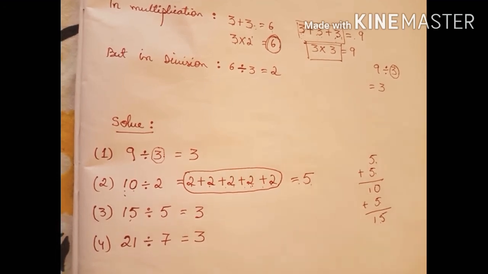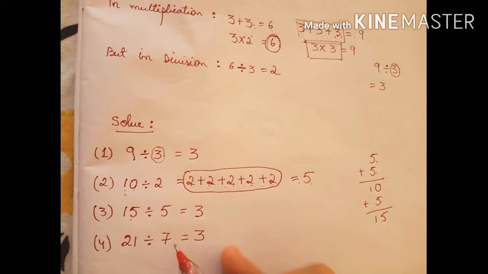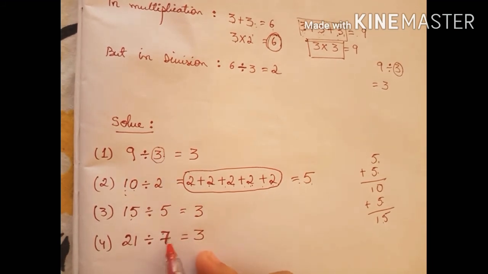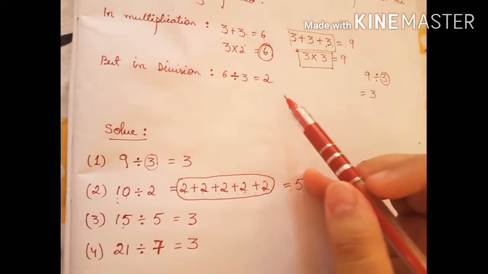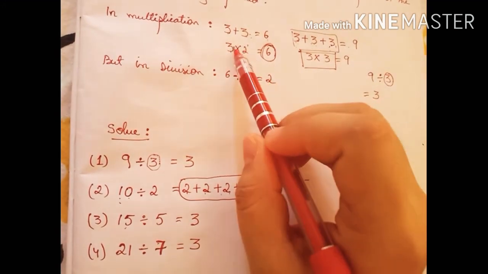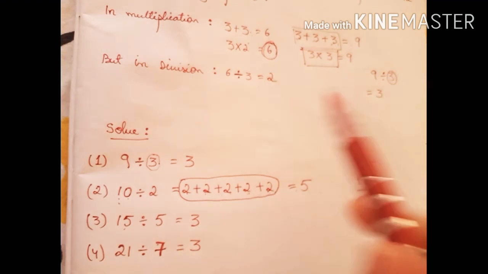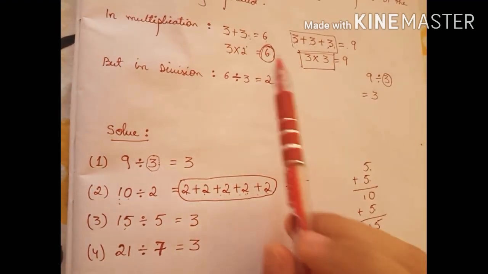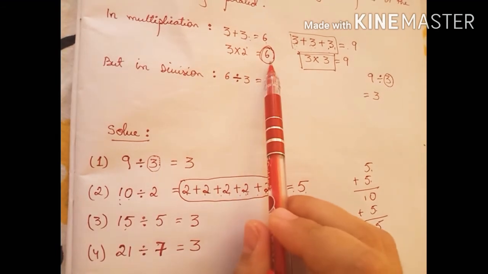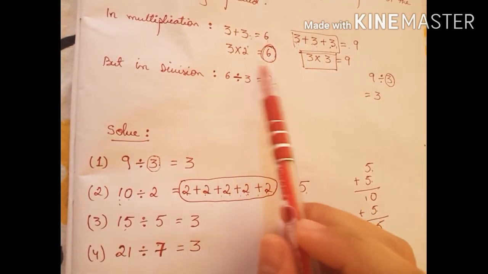Okay, so this was division. I'll tell you once again, in multiplication we shorten the questions, like 3 plus 3 is 6, so 3 into 2 is 6. We try to shorten it, right?